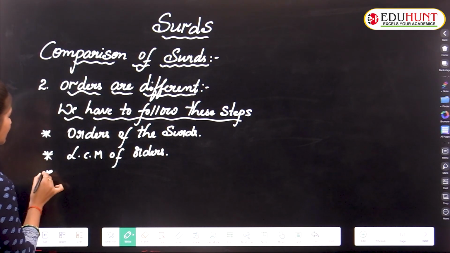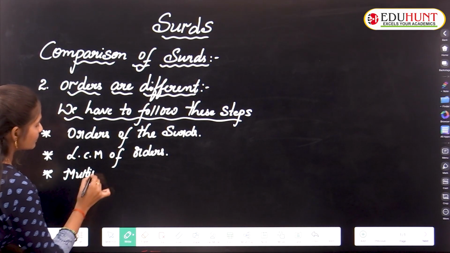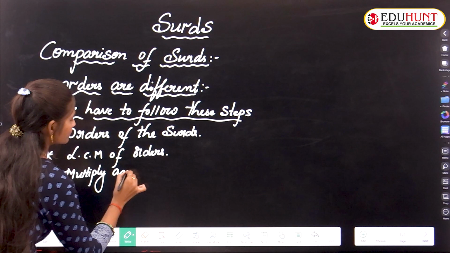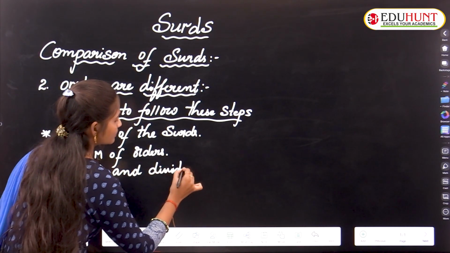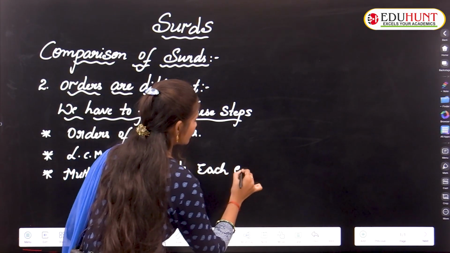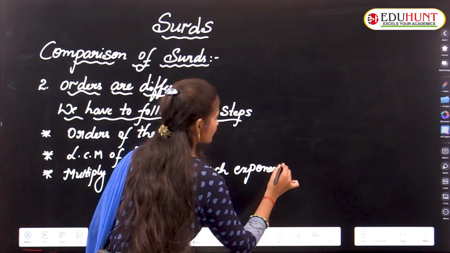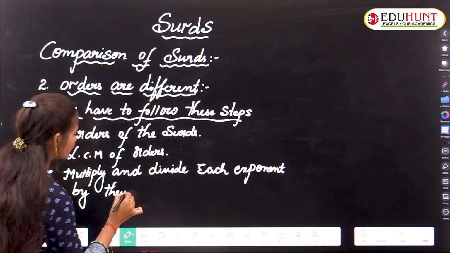Next we need to multiply and divide each exponent by their LCM.